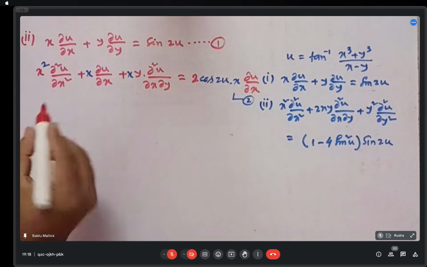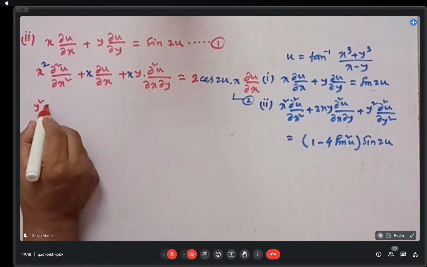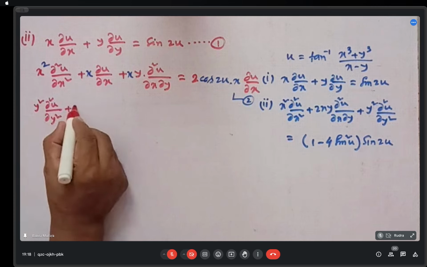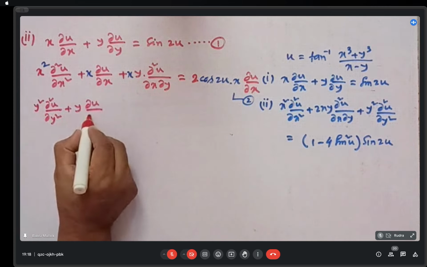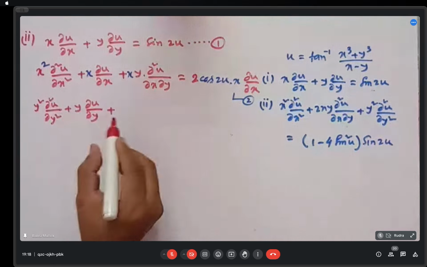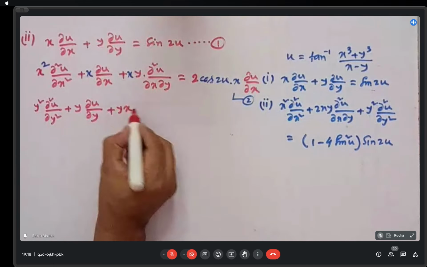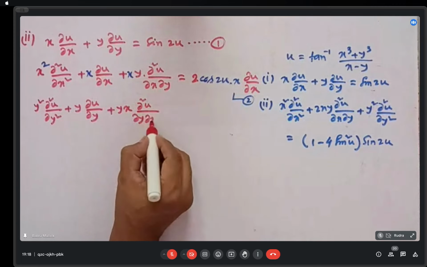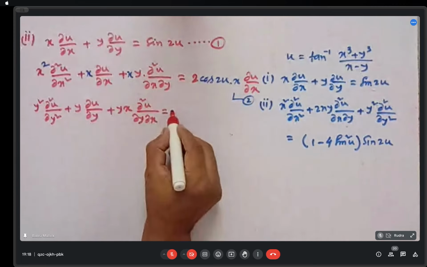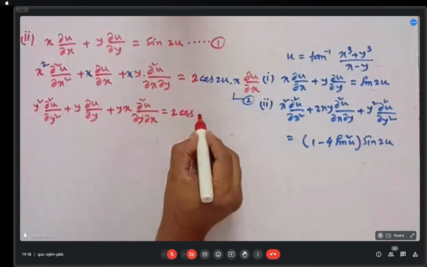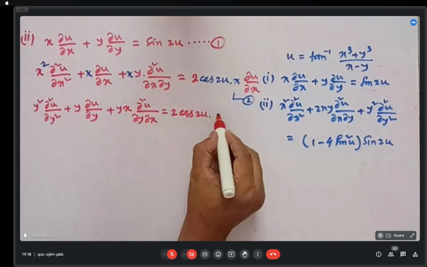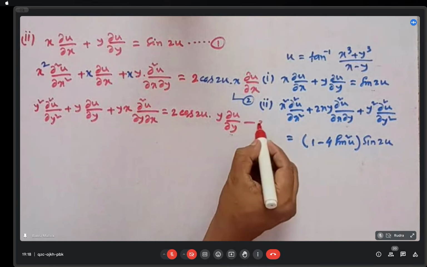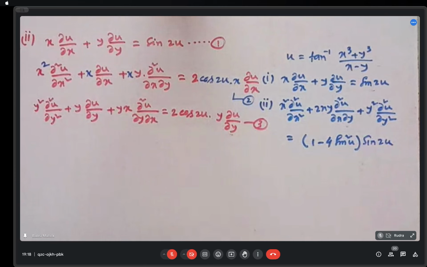We get y square into del 2u del y2 plus y into del u del y. This will give you yx del 2u del y del x is equal to 2 cos twice u into y into del u del y. This is number 3.